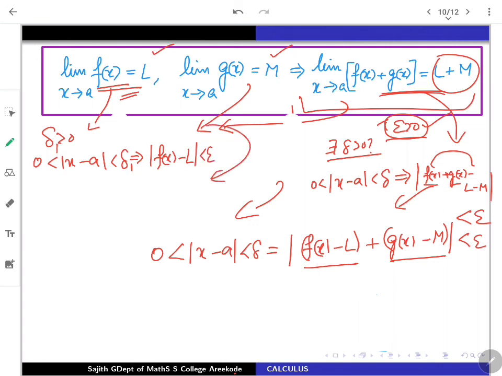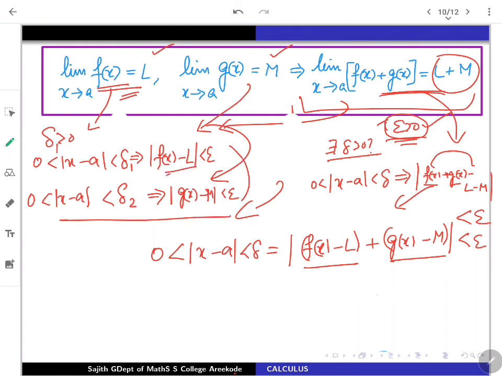Very similarly, for the second condition, with the same epsilon, I can work with delta 2, so that 0 < |x − a| < δ2 gives me that |g(x) − M| < ε. These two conditions I will get, so these two quantities are controllable.